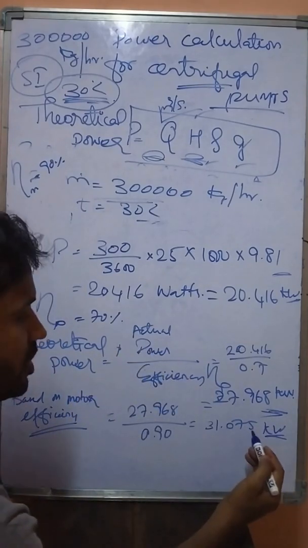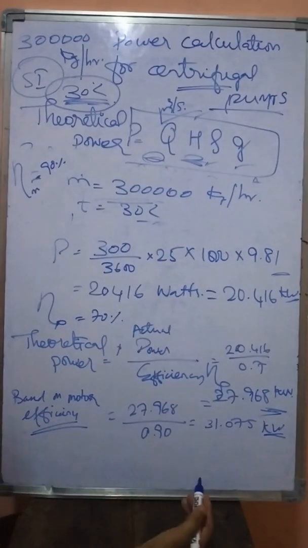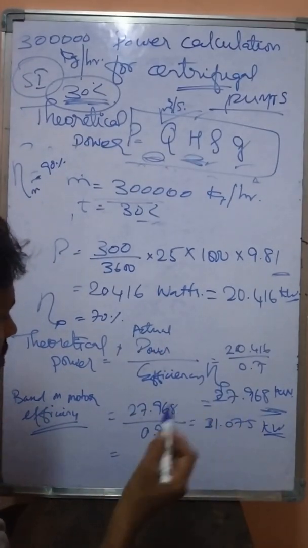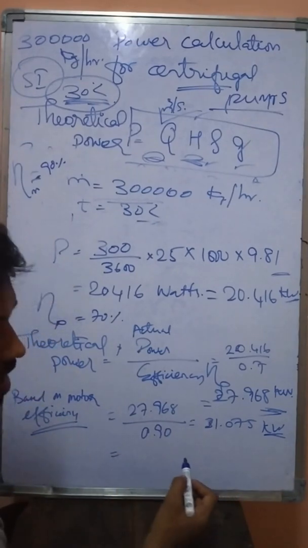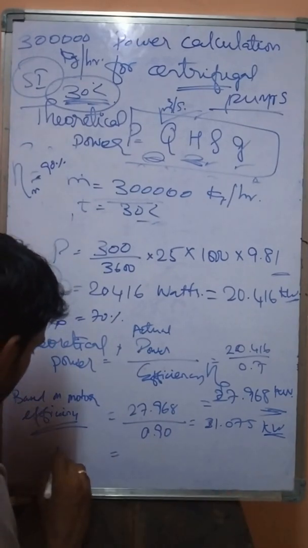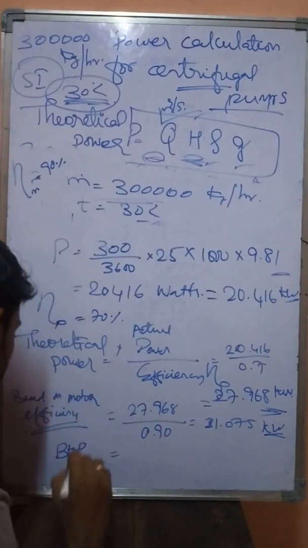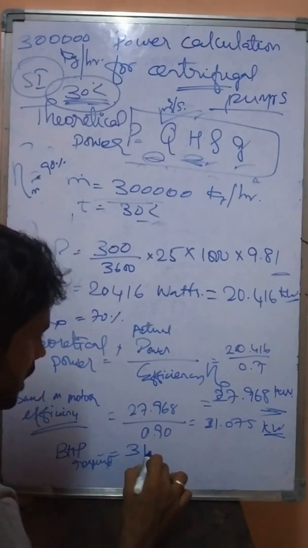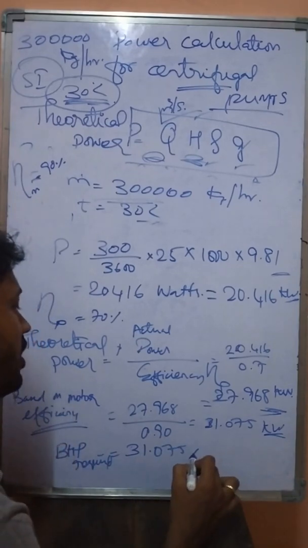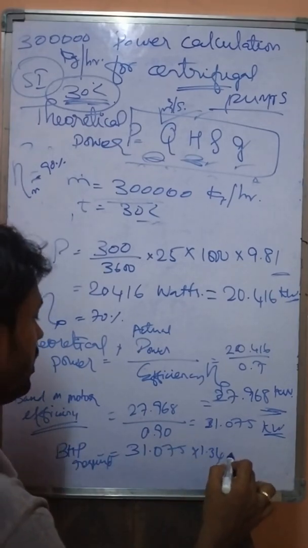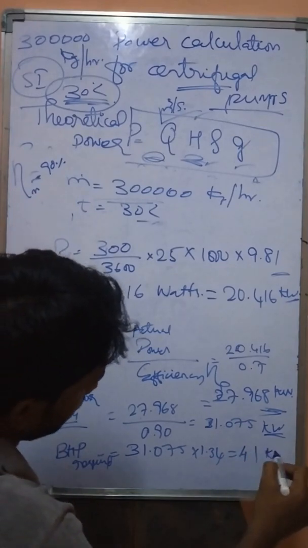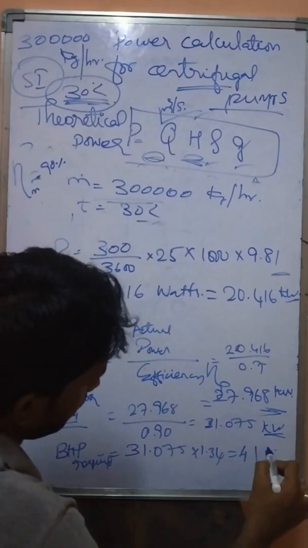Okay, so this one you need to take in horsepower to get the required motor. So if you convert this, the conversion factor from kilowatt to horsepower is approximately 1.34. So BHP required is equal to 31.075 into 1.34. This will give you approximately 41 HP.